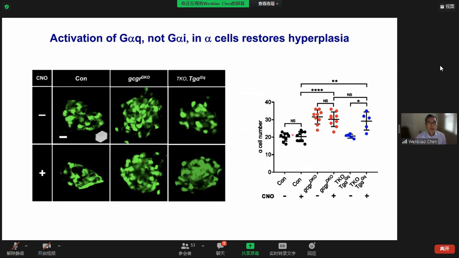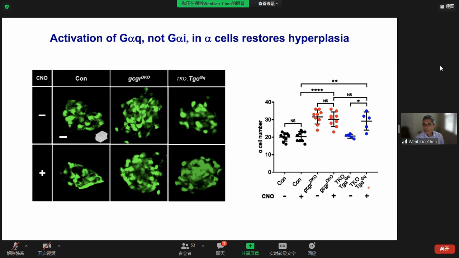We found that Gq, but not Gi, activation can restore alpha cell proliferation in the triple knockout animals, suggesting that CASR likely mediates its proliferative response through the Gq signaling pathway.